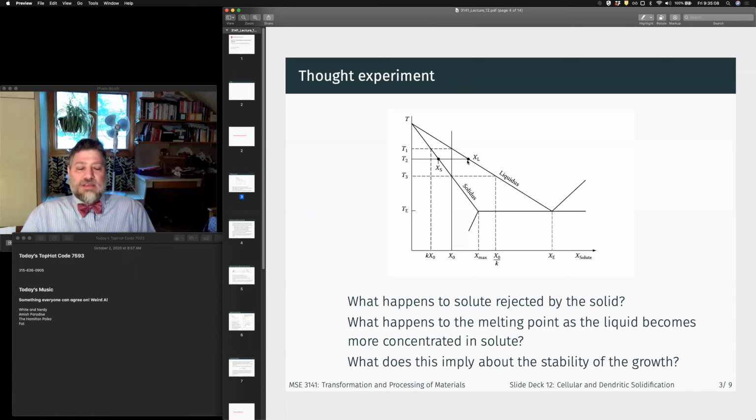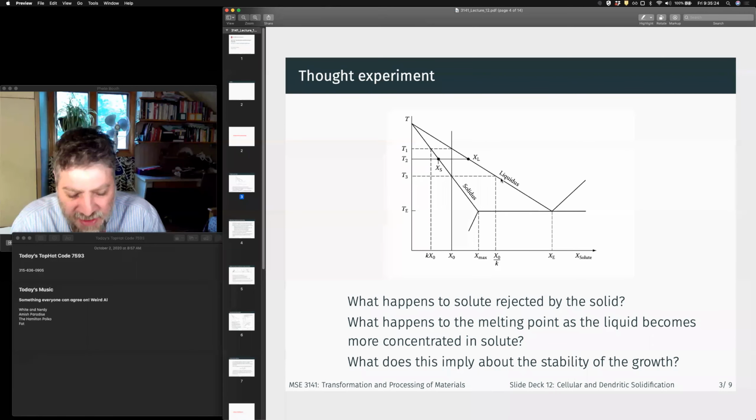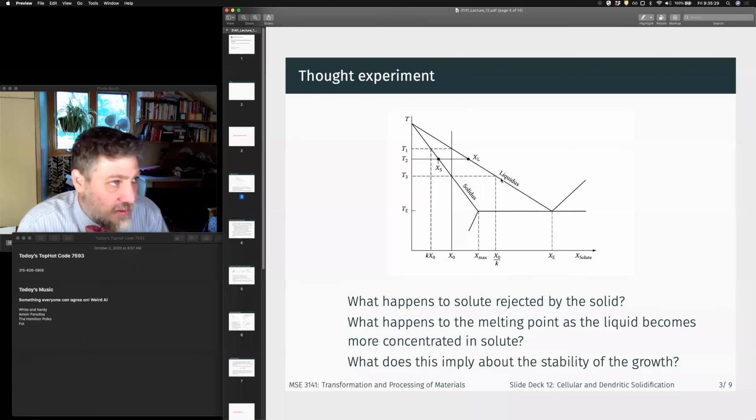So this is where people get confused, because there's a tendency to get the melting point and the undercooling confused here.